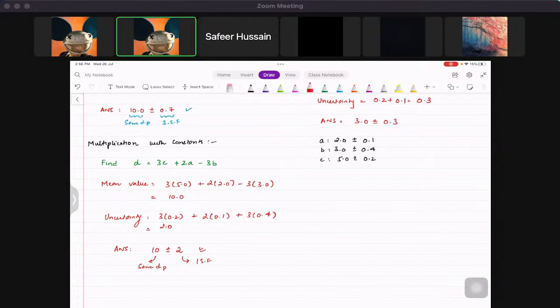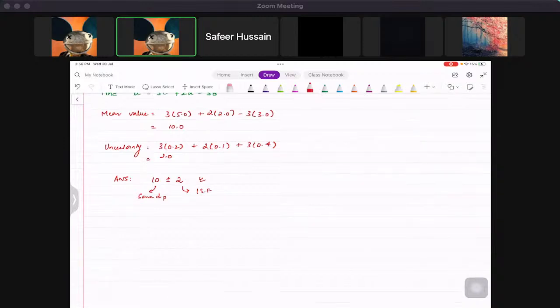All right. Now, let's go forward, right? Now, things get a bit harder when you have multiplications of variables, right? So let's do it here.